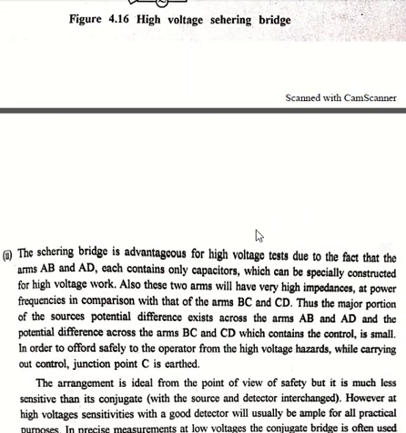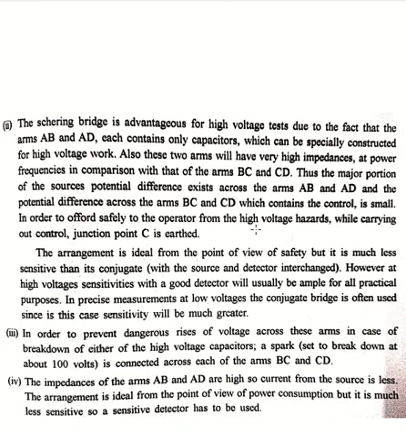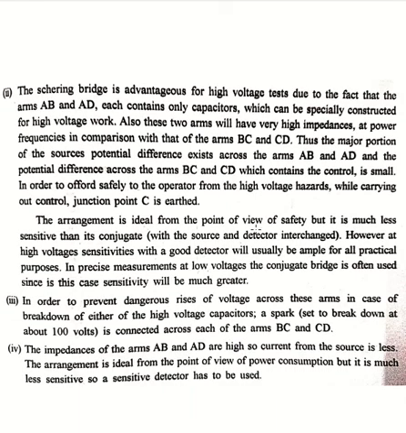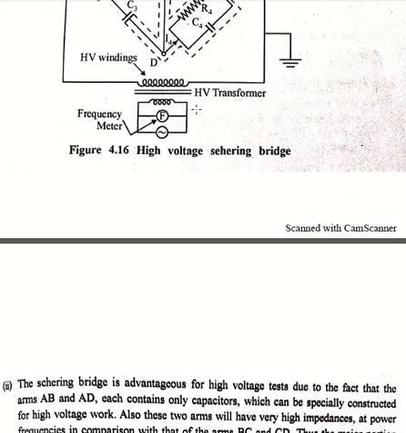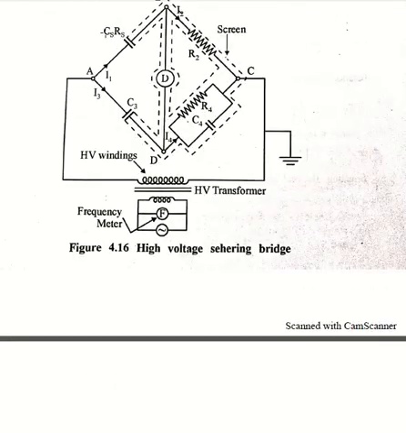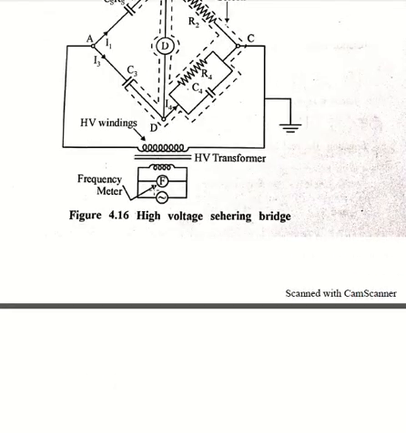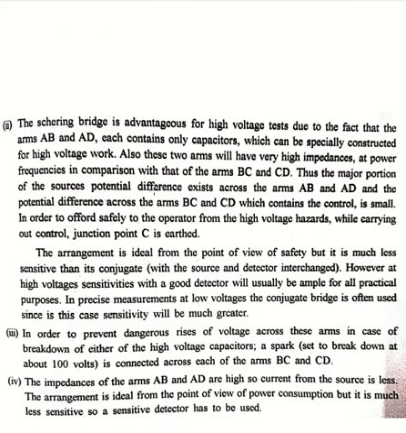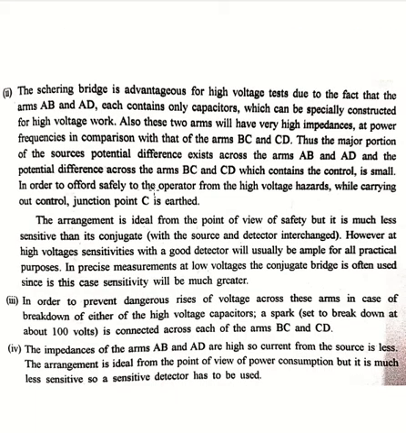Coming to the other specifications of this bridge, this Schering bridge is advantageous for high voltage tests due to the fact that the arms AB and AD have capacitors only, which can be specially constructed for high voltage work.